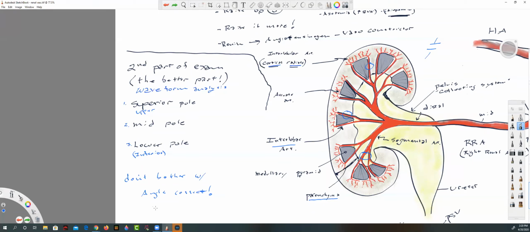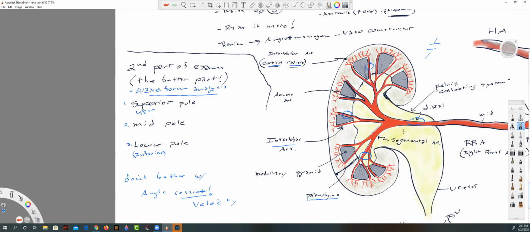And 2, angle correct corrects velocities. We don't care about velocity. We're doing waveform analysis only. So don't bother angle correcting. Over here, on that first part of the exam, you will angle correct, because the renal aortic ratio is all about velocity.